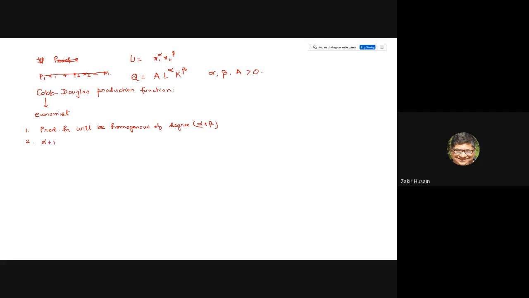If alpha plus beta is equal to 1, it will become linearly homogeneous, in which case it is going to satisfy some additional properties, which I'll discuss.